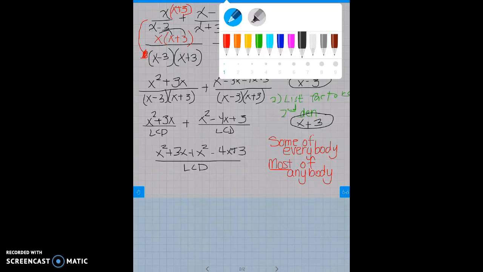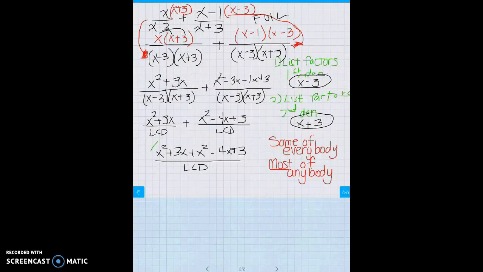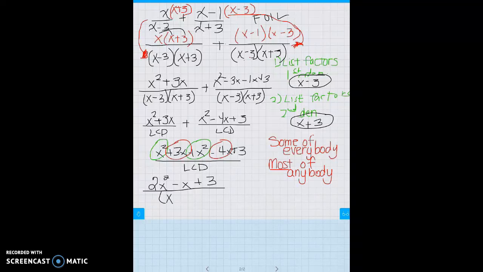Okay, and then I want to put together my like terms. So I have 2 x squareds in there, I'll be combining those. And then I have 2 x's in there, I'll be combining those. Okay, so combining my like terms, I'll get 2x squared minus x plus 3. And that will be over my common denominator. And I'm going to write it out this time. Okay, x minus 3 times x plus 3.